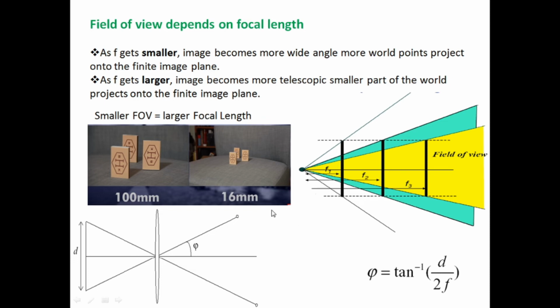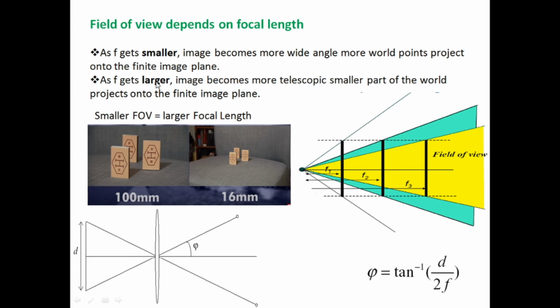So here, larger focal length, smaller focal length, from this point to the image plane, you can see that the image becomes more wide angle, more world points project on the finite image plane. That means everything I can see here.